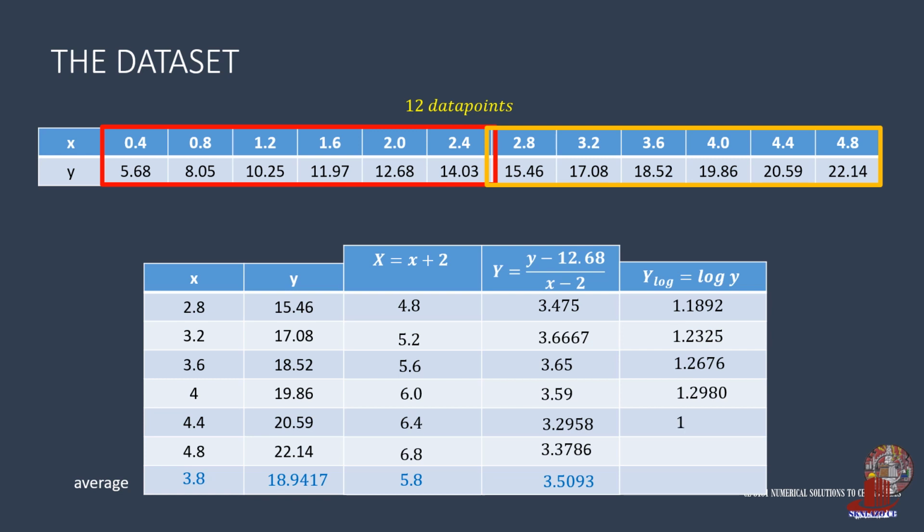Then the log of 4.4 is 1.3137. Then the logarithm of 4.8 is 1.3452. Add the 6 values and divide the result by 6 again to have 1.2744 as the logarithm of y's average.